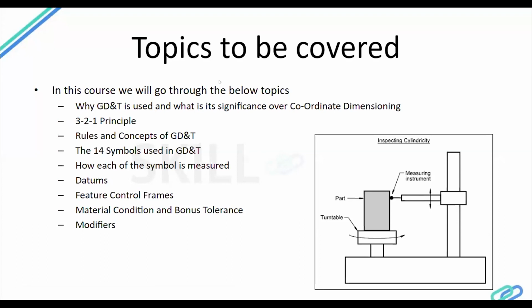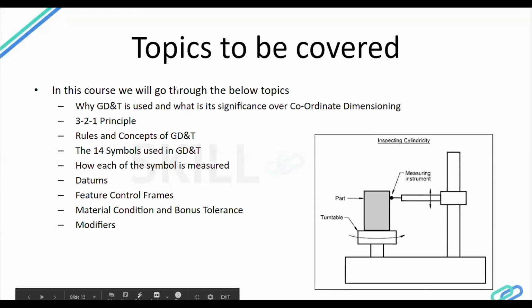And of course I've covered all of them at least at the point level over here. So why we use GD&T and what is the significance of it, like I just gave a brief recap at the start of the session. And of course, what is the 3-2-1 principle, how significant it is to GD&T, and how significant it is to measuring a part or clamping a part, and the datums, what are the datums which we can give, and what is the significance between the 3-2-1 principle and the datums, and the rules and concepts of GD&T.